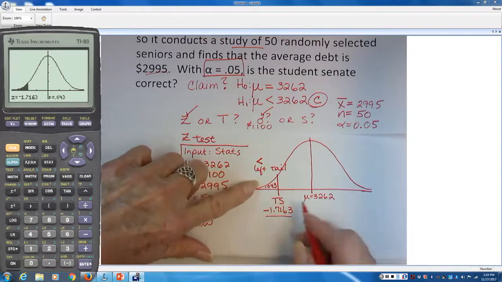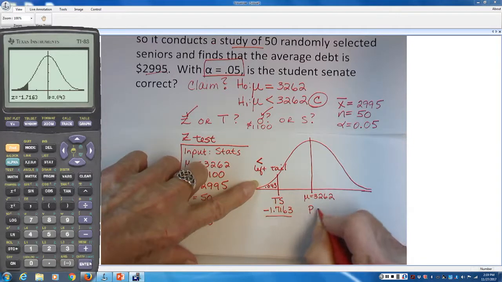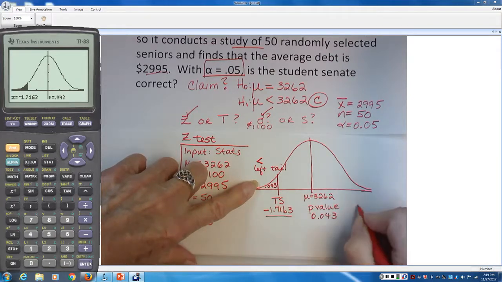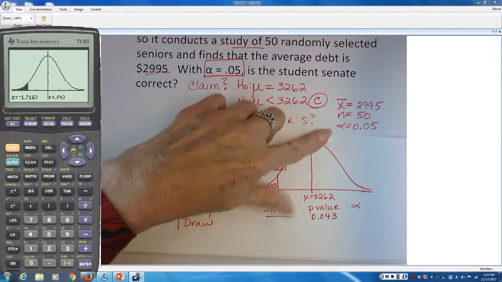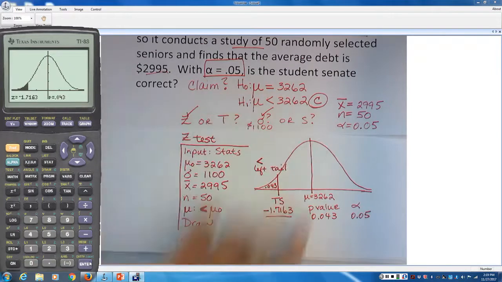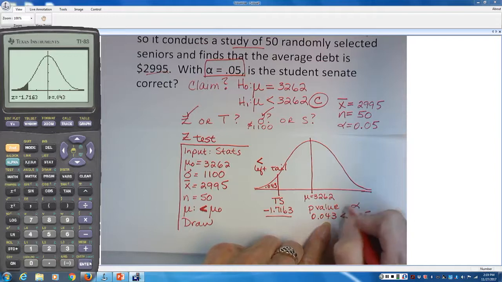But this is p-value. The p-value is 0.043. Alpha is 0.05. Which is smaller? The p-value. P is less than alpha.